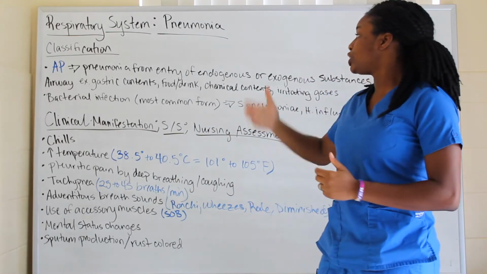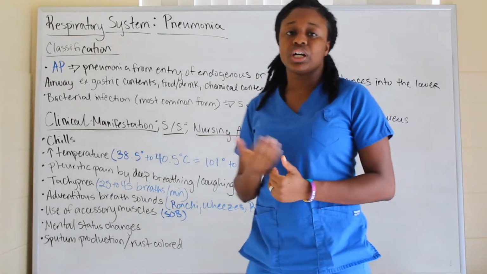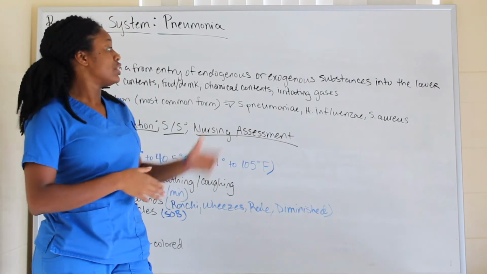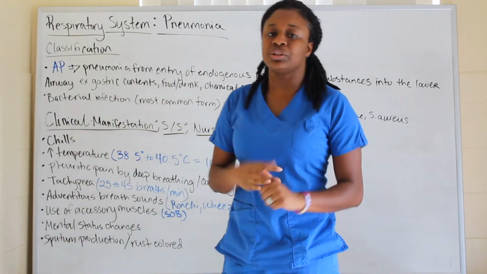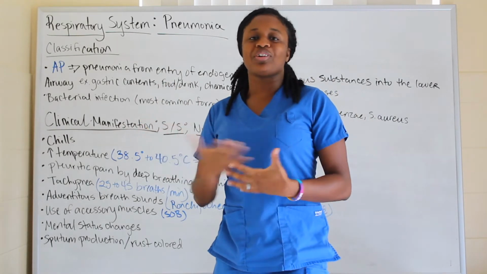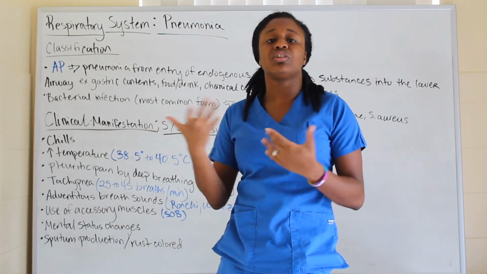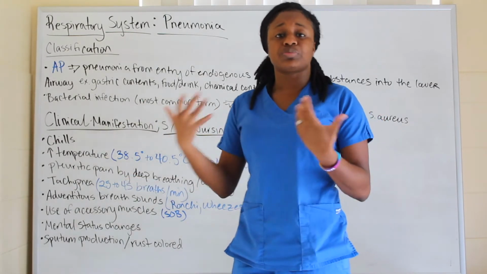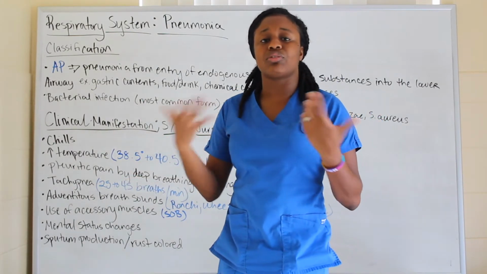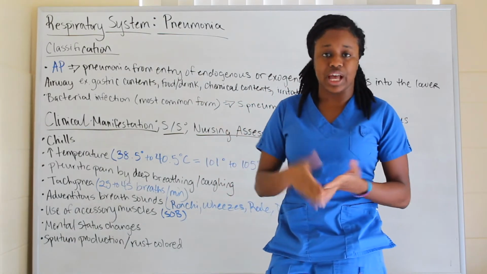And last but not least, with classification, you have AP, which is aspiration pneumonia. It is pneumonia from entry of endogenous or exogenous substances into the lower airway. Don't get caught off guard by the words exogenous or endogenous. Endo means inside the body, exo means outside. So these are substances that can be found inside or outside. Inside you have your gastric contents.